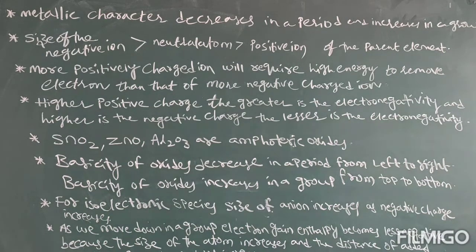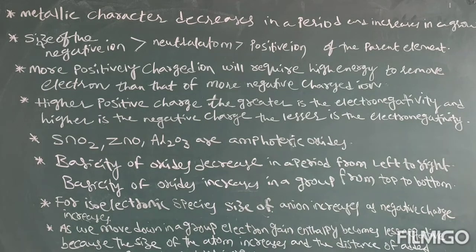So these are all the revision points of periodic properties. Once more, I am repeating: metallic character decreases in a period and increases in a group. The size of the anion is always greater than the neutral parent atom, and the cation size is always less than the neutral parent atom.